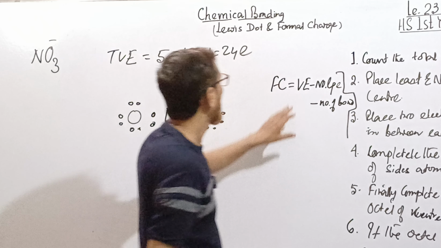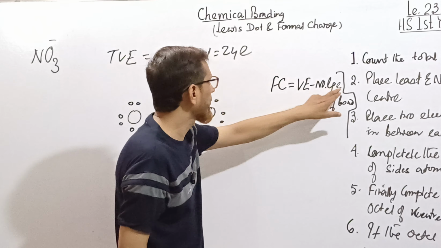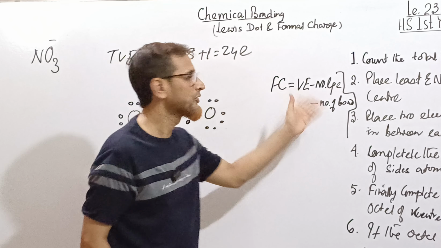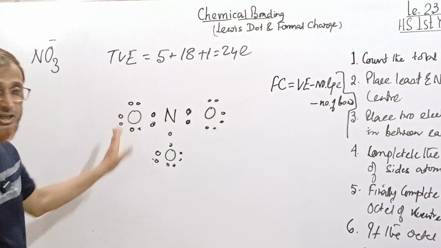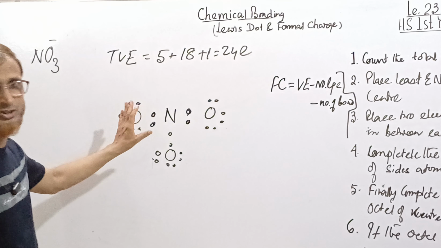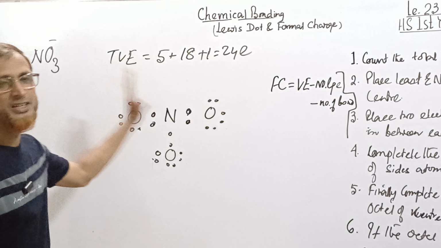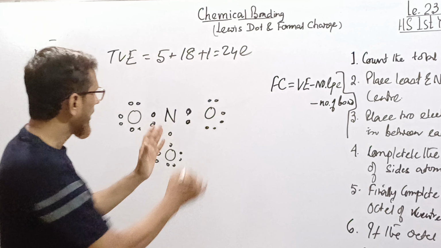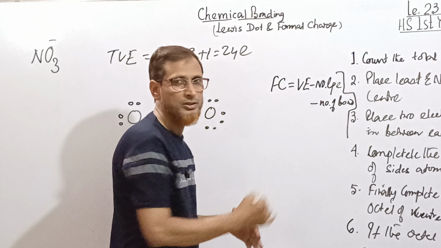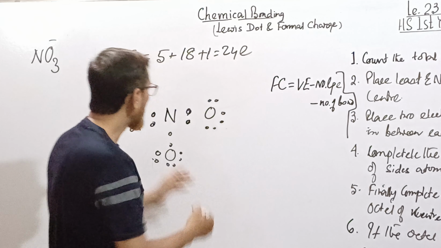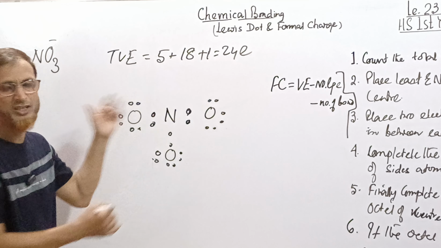This is the formula: valence electrons minus number of lone pair electrons minus number of bonds. This is formal charge. We will check whether this structure is acceptable or whether there is a better one. When we calculate the formal charges with this formula, we will find some positive, negative, and 0.